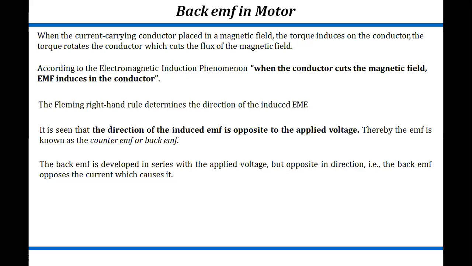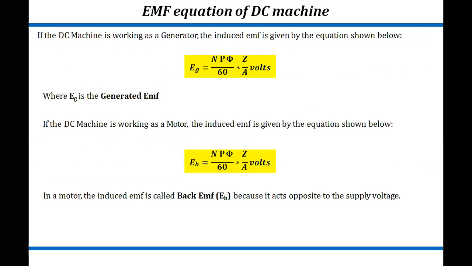Here we are going to study the back EMF concept, because in yesterday's session we saw how to derive the equations for the EMF in a DC motor and a DC generator. If we use the DC machine as a DC generator, we get the EMF equation Eg = NΦP/60 × Z/A. We call it the generated EMF because it works in the same phase with respect to the supply voltage.